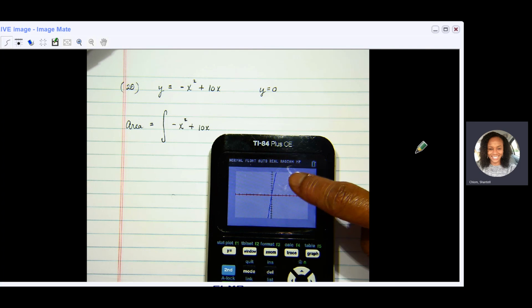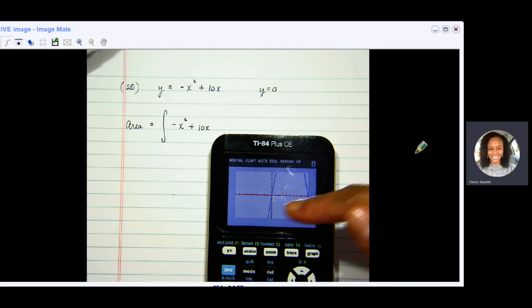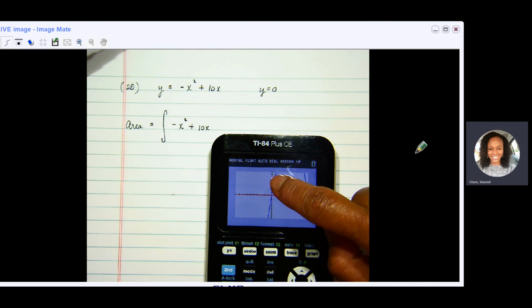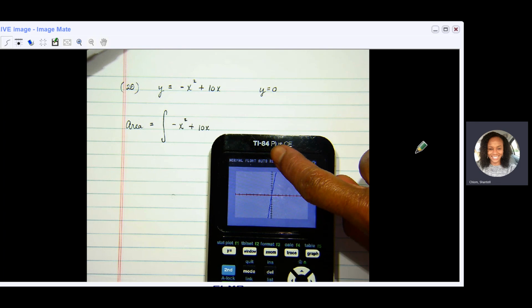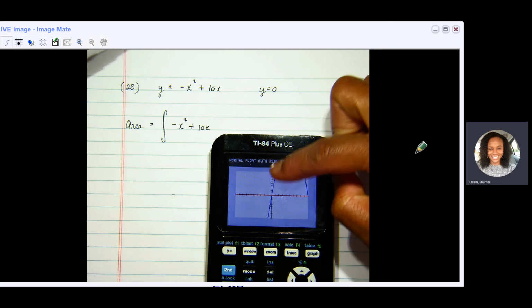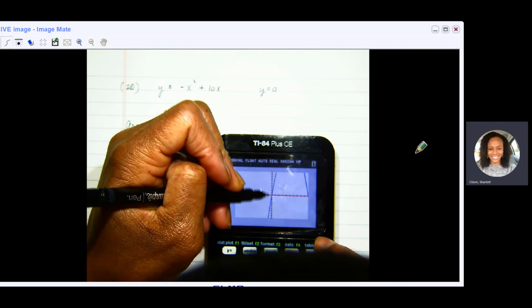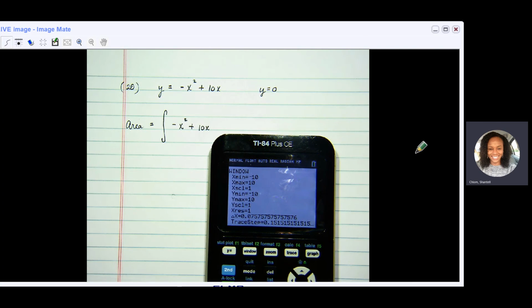All right. So what we're going to do is adjust our window. It looks like we don't need to worry about anything below the x-axis, so anything negative in the y's down here we don't have to worry about. So we can actually set our scale to be from maybe y equals -1 up to maybe 20, so we can get a good picture up here. And then also with x, let's say we start about right here and focus on the positive side for x. So I'm going to adjust my window to maybe -1 for the x min, and let's say 20 for the x max.